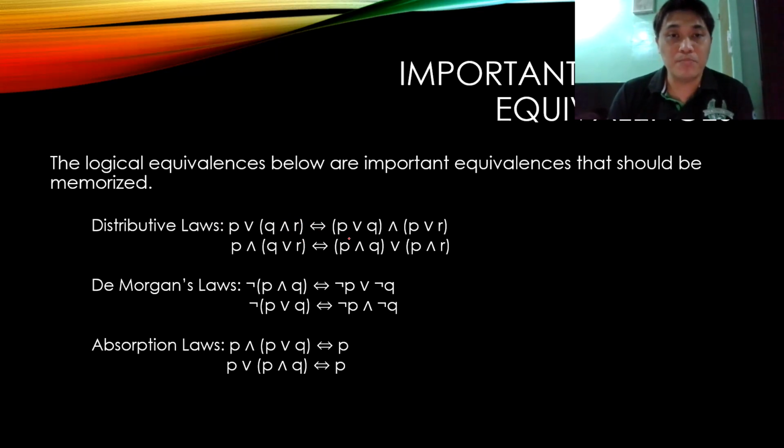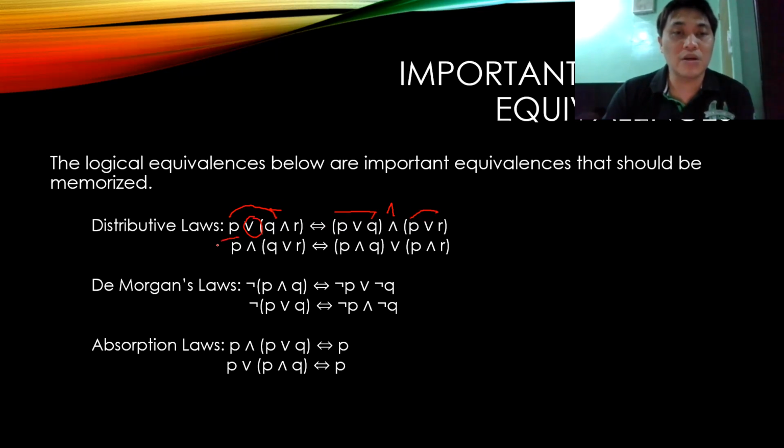For example, P, we will distribute this one to this one. Okay, P and Q, this one. Then let us reverse the symbol for this. This is and P and R. Let us get this symbol.